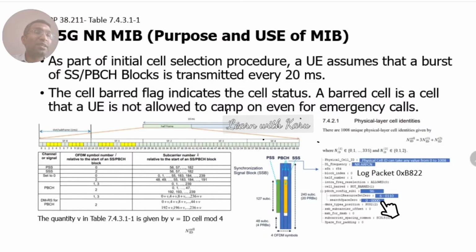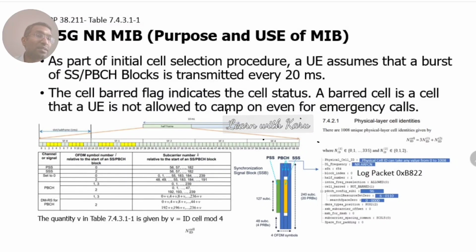and MIB is providing the information for SIB1 and also the subcarrier spacing for message 2 and 4. So that's part of subcarrier spacing common here. Okay, and also this is going to tell whether the cell is a standalone cell or a non-standalone cell.